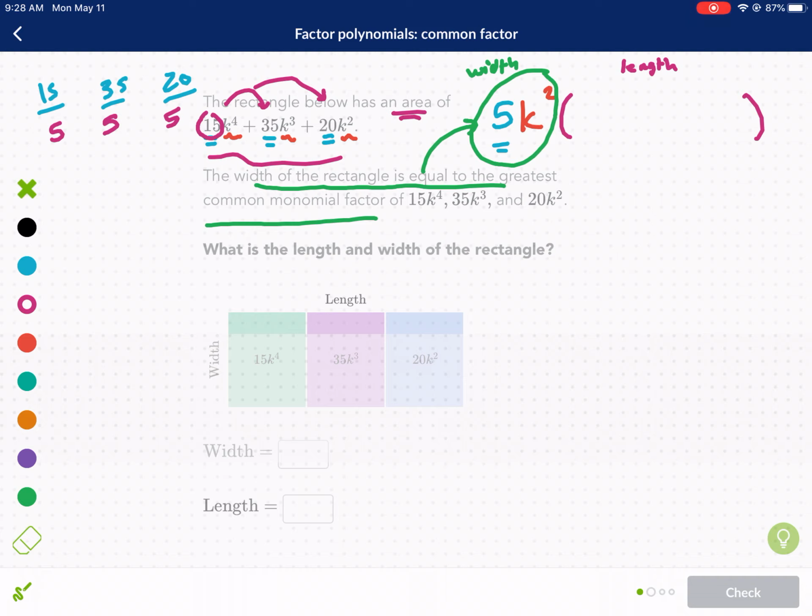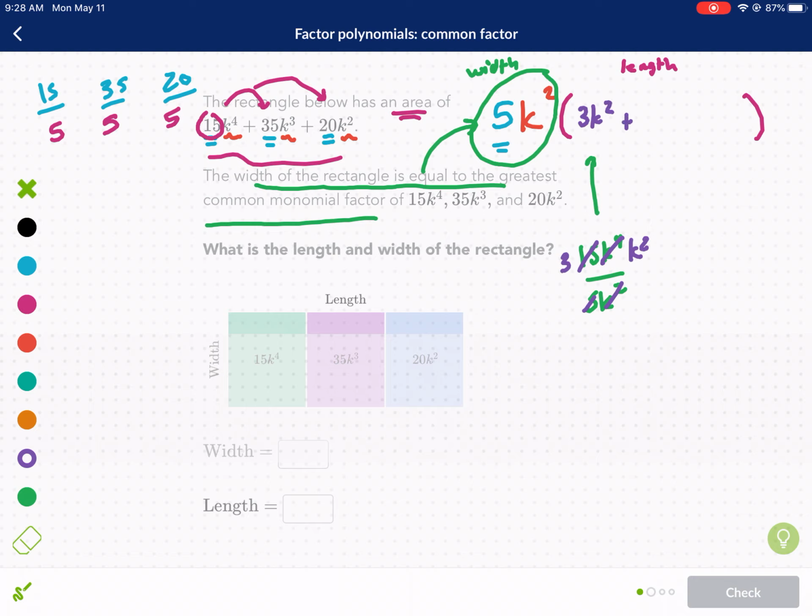Now what we do is take 15k to the fourth divided by our greatest common factor, 5k squared, and that will go in the first slot. We cancel the 15 with the 5, we're left with 3. K to the fourth with k squared, we're left with k squared, so we get 3k squared.